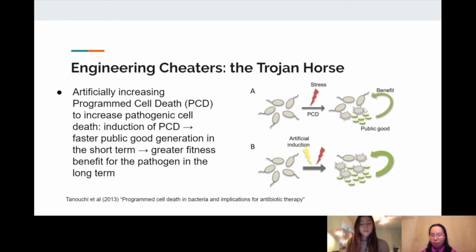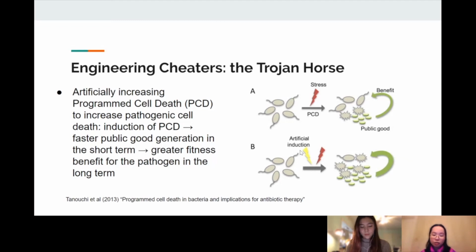But because a proportion, usually a fairly large proportion of the population, goes through programmed cell death, they create this public good, which is then absorbed by the other cells that do not commit programmed cell death. Then these other cells have a better chance of surviving. So the species of bacteria has a better chance of propagating, making sure that they can reproduce and won't just all die out.